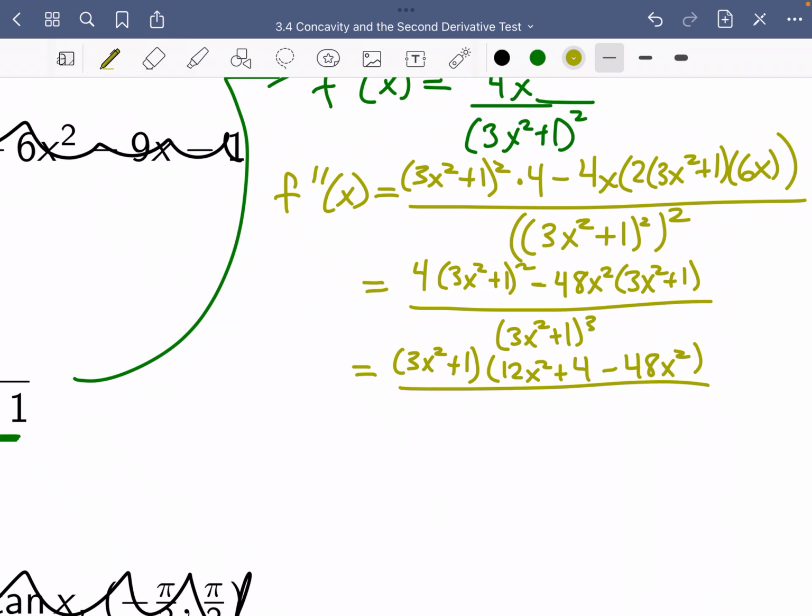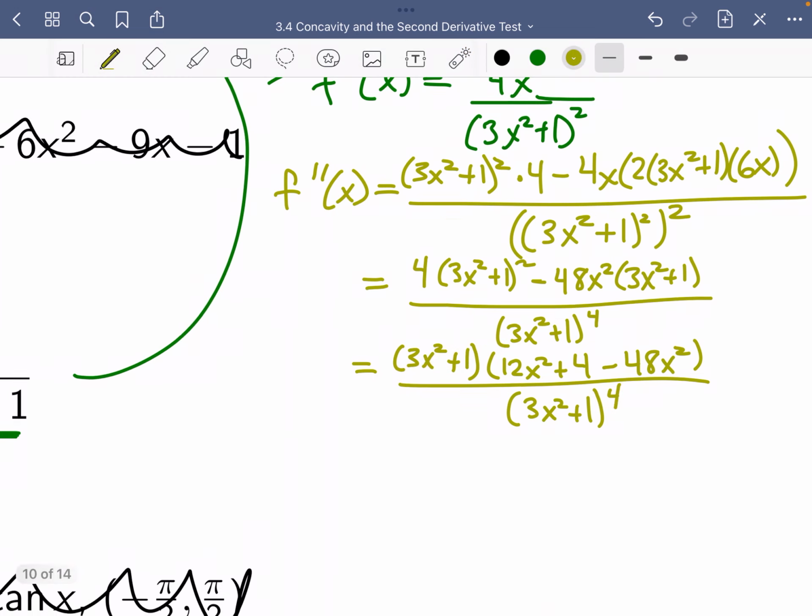Oh, I got ahead of myself in that denominator up here. That should have been to the 4th power. One of those 3x squared plus 1 will cancel out with one of those, so that's why I got ahead of myself a little bit.